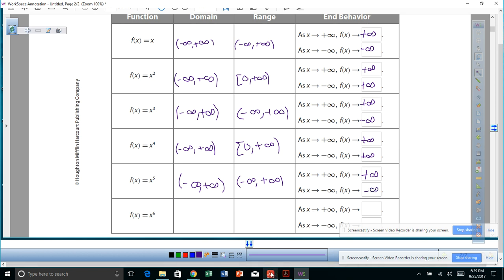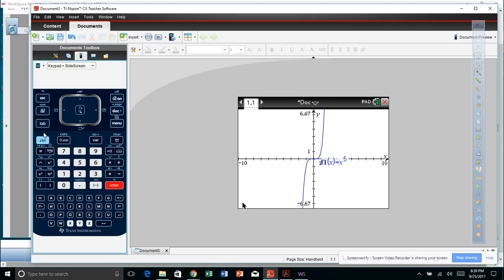All right, now let's try x to the 6. I want you to notice this. What's going to happen here? That's real similar to x squared and x to the 4th, wasn't it? Let's see, x squared, and then tab, x caret 4.